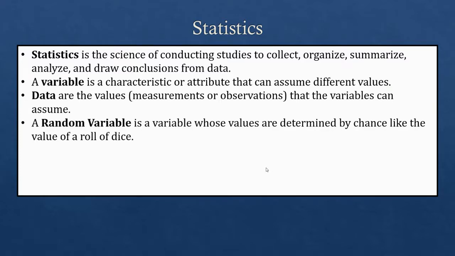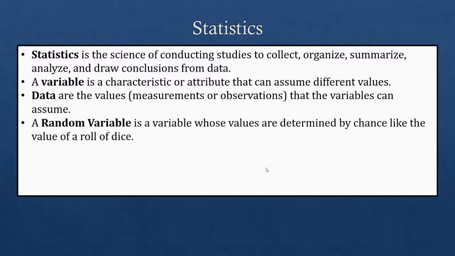A random variable is a variable whose values are determined by chance, like the value of a roll of dice. So the first example of variable I gave was height. That's not something that's determined by chance. Everyone has a specific height at a moment in time when you would go out and collect their height. It's not like you would walk up to somebody and their height would then be randomly determined before you measure it. They already have an existing height, so it's not a random variable.